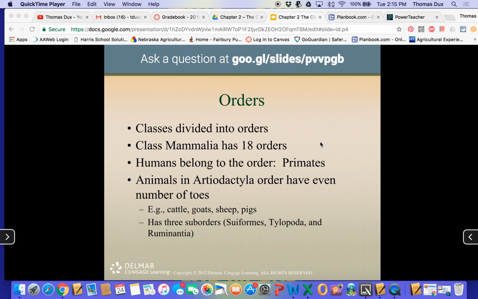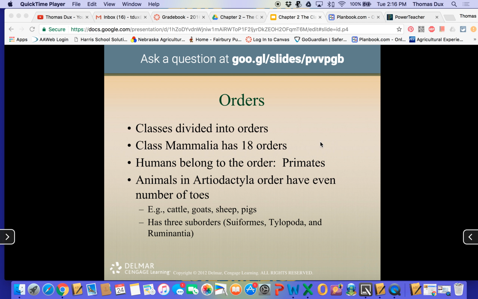So Ruminantia, which include cattle, deer, goats, and sheep, all have a ruminant stomach, meaning one stomach with 4 compartments, or 4 different stomachs. They chew cud, so they regurgitate and then chew their cud.